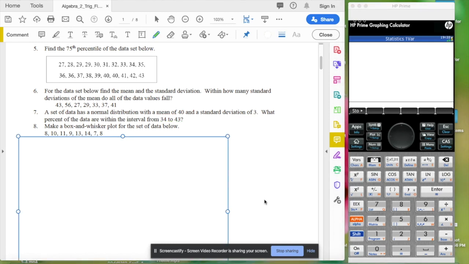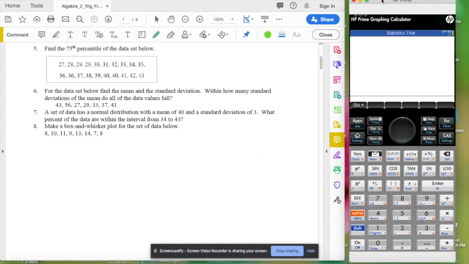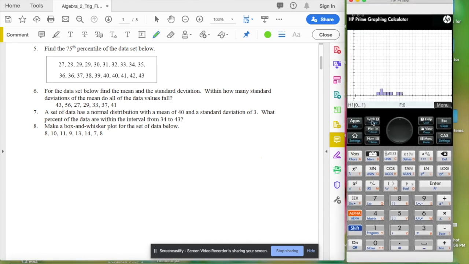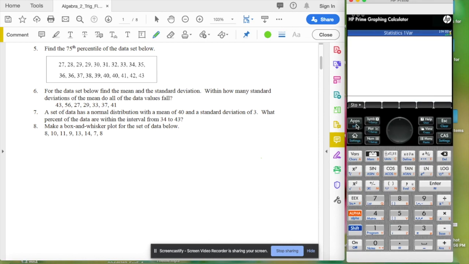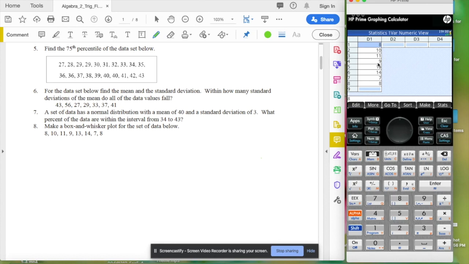All right, so lastly, what we're going to do is make our box and whisker plot of our data. So first thing that you want to do is enter this into your calculator. Same thing as we did before: settings, apps, or whatever, one statistics variable, see how I have it in here. You're going to do the exact same thing on your TI.